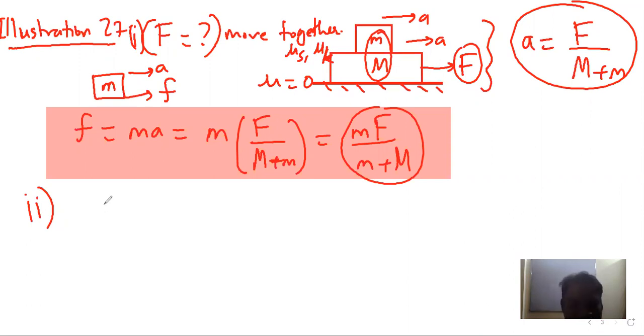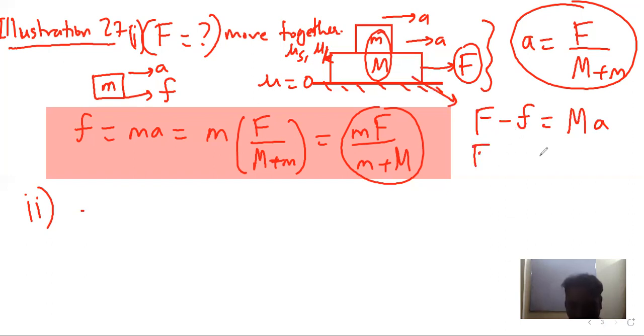So let us consider capital F and friction. If this applied force is greater than the force in part A, then we have capital F, which is the applied force, minus small f is equal to capital M into acceleration a. So this is the equation for this capital M block.